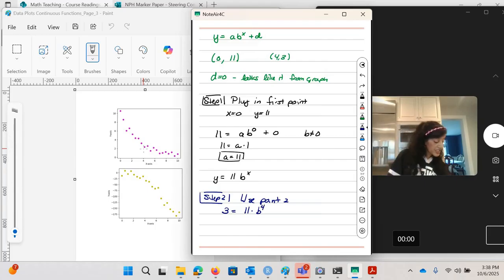So I plug in x is 4, y is 3, and I have this thing. How do I solve that? Well, first I isolate the exponential. So the b to the 4th gets isolated, and I bring the 11 over to the other side. And then I take the 4th root of both sides.